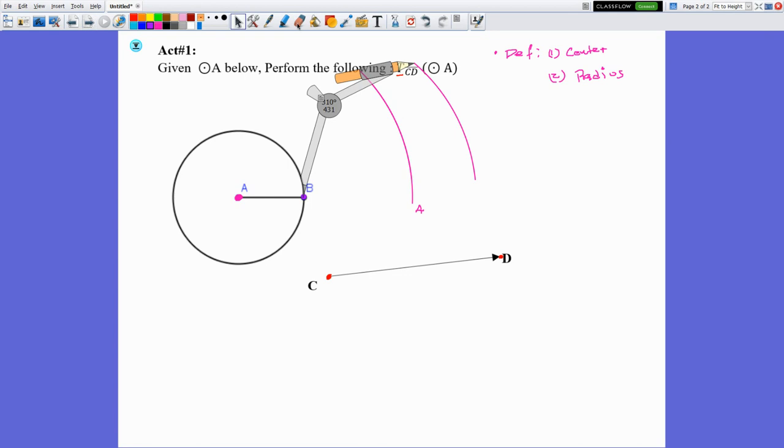Let me actually use the right colors. So here we have our arc for B now. And again, recall that in order for us to actually define the location of the circle, our second step is to, let me go back to here.